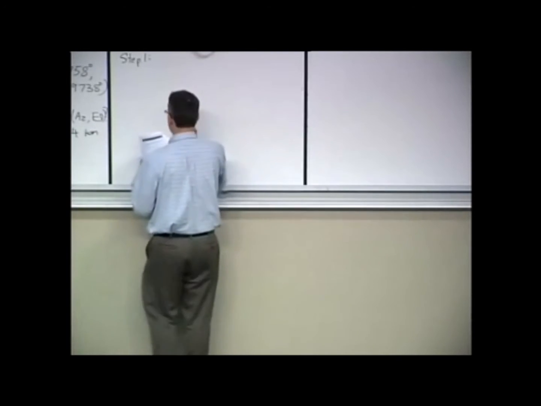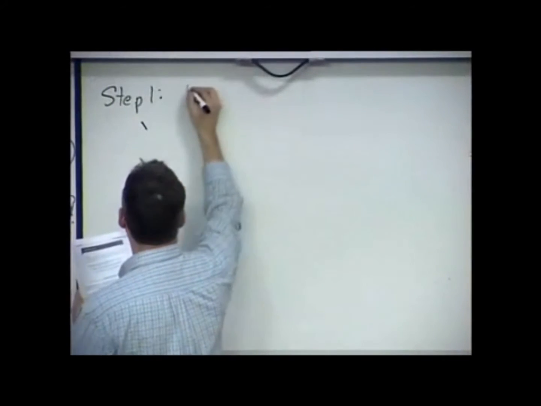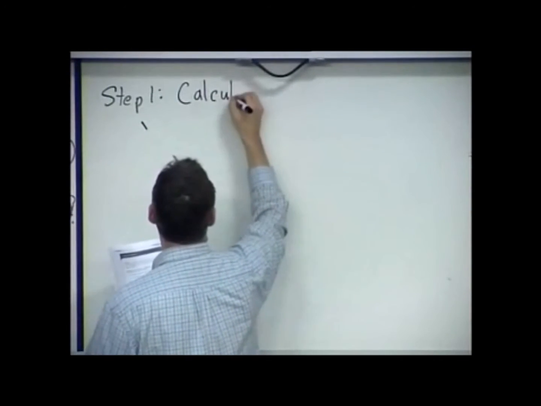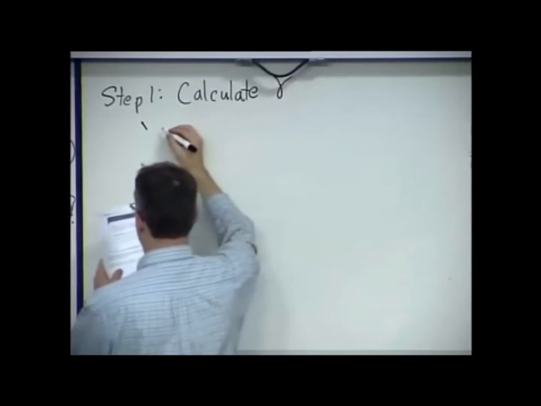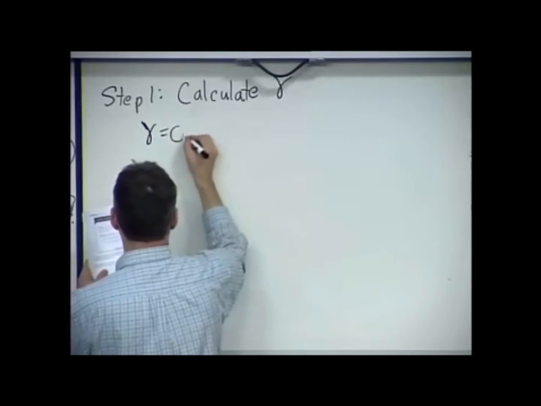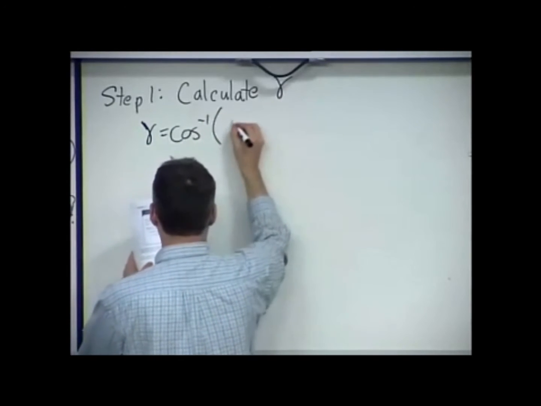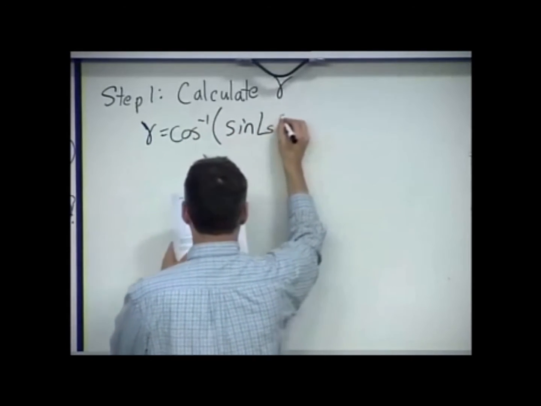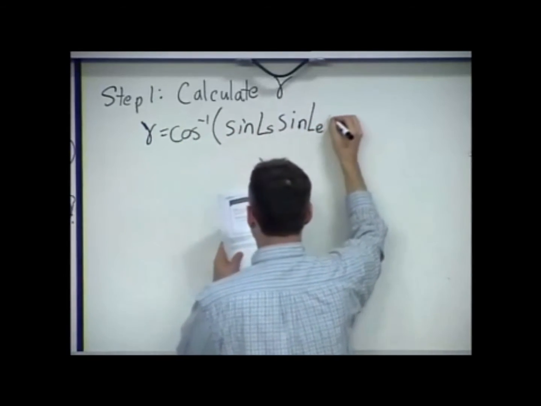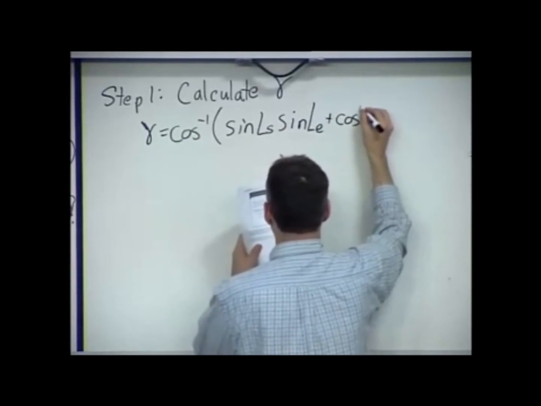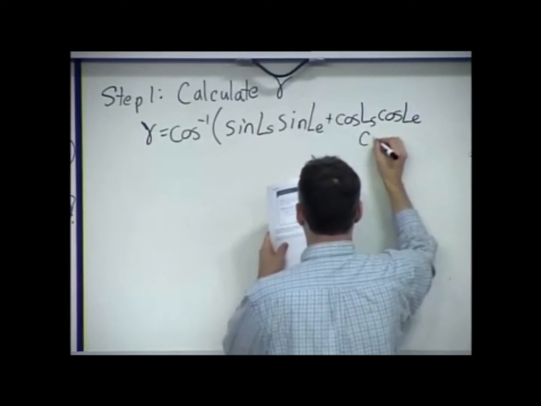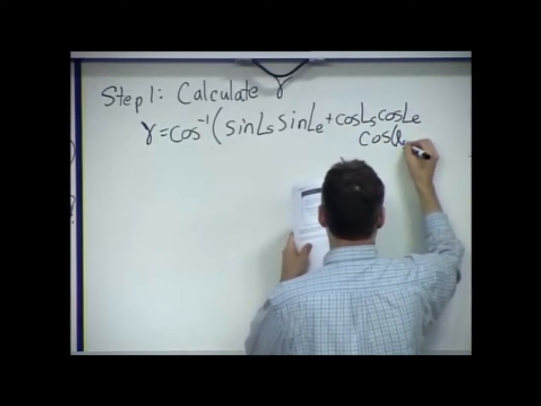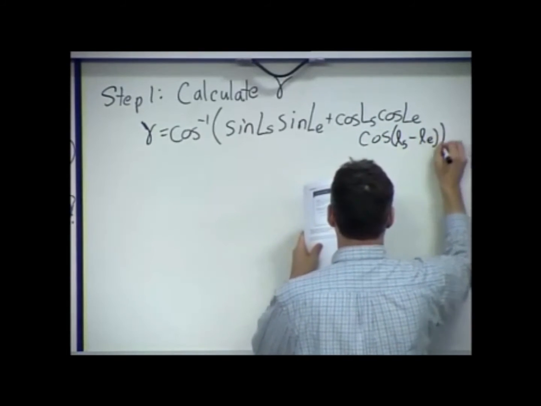Okay. Step one, calculate gamma. Gamma is equal to the arc cosine of sine LS, sine LE, plus cosine LS, cosine LE, times the cosine of the difference between the longitude points.